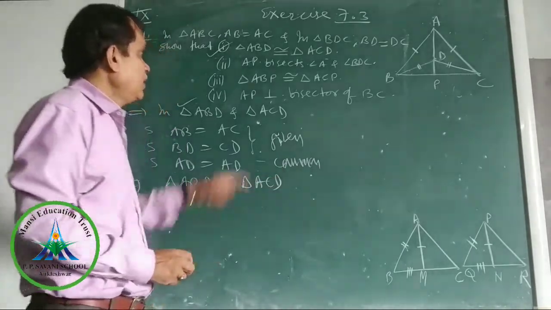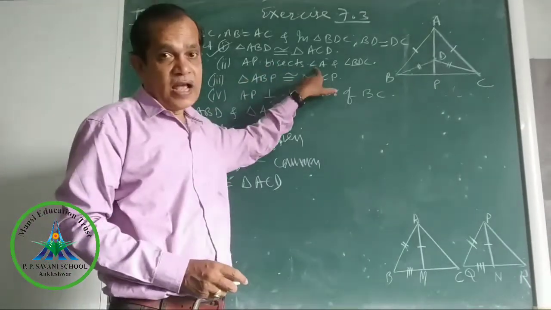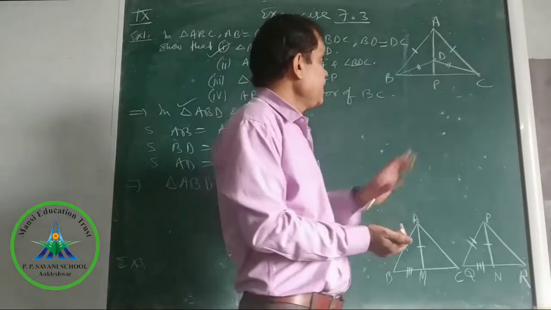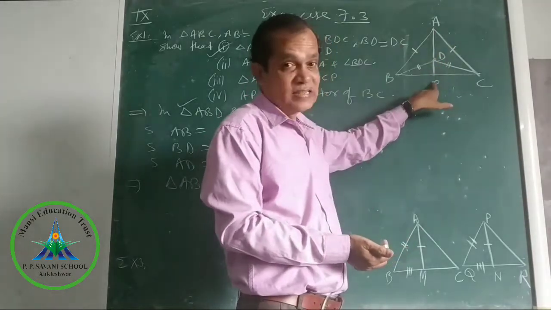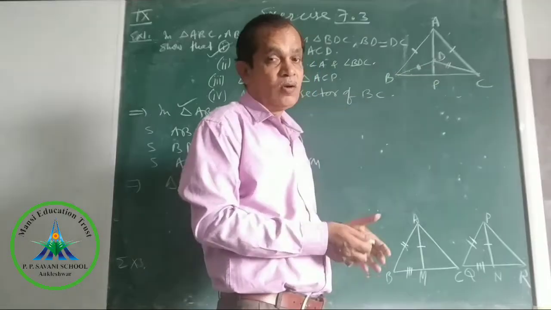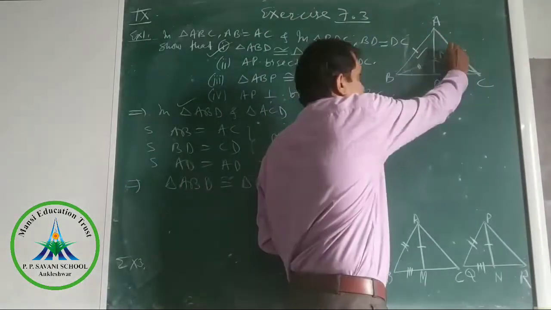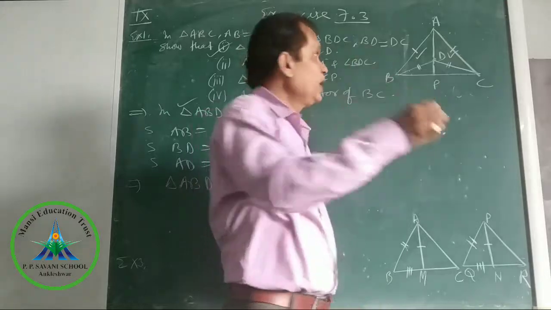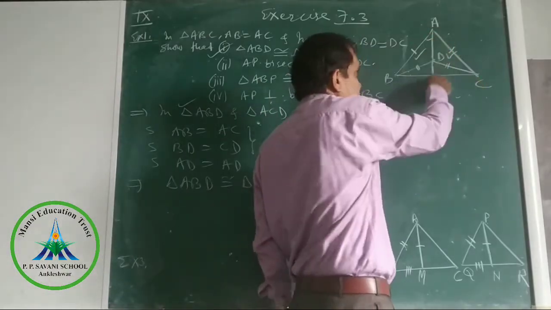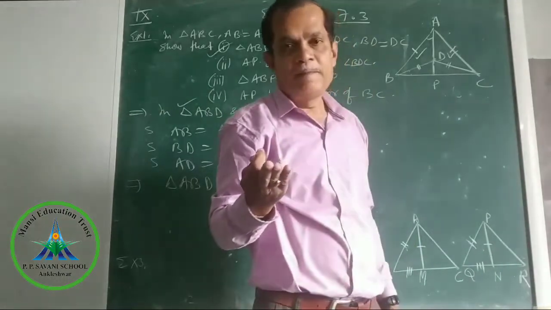What is second? AP bisects angle A as well as angle BDC. AP bisects angle A. Now, if this triangle is congruent to this triangle, definitely angle BAP equal to angle CAP. Simplicity.